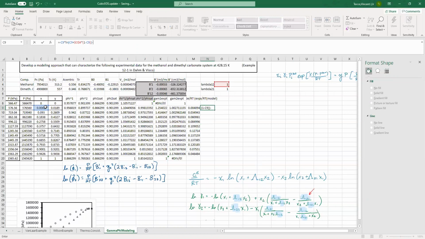Okay, minus x2, 1 minus x1, times ln of x2, 1 minus x1 plus lambda 2,1 times x1. All right, let's see how we did.